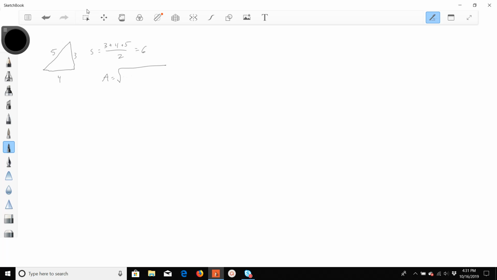So our area is equal to the square root of 6, that's s, times 6 minus 3, times 6 minus 4, times 6 minus 5, all under the square root. This is 3, this is 2, and that's 1. So 18, 36, oh, that worked out very nicely. The square root of 36, which is 6. See, so the area turned out to be the semiperimeter. It's interesting, right?